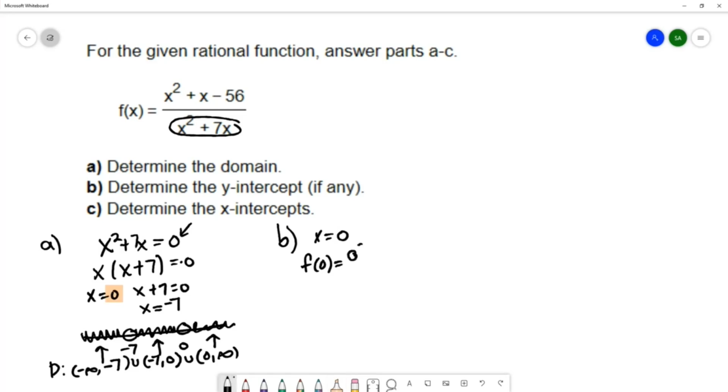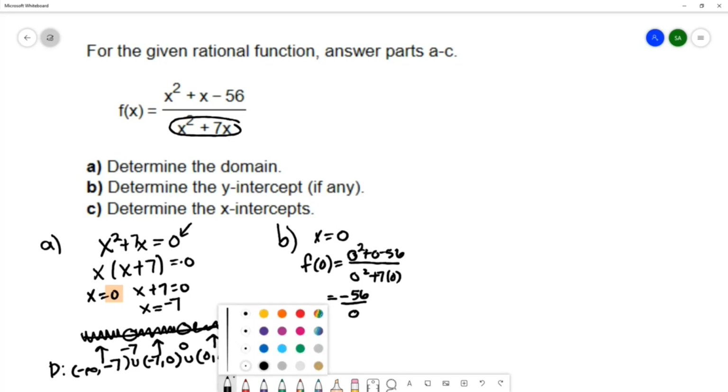We have 0 squared plus 0 minus 56 over 0 squared plus 7 times 0. This gives -56 over 0. We said division by 0 is undefined, and that means that we don't have a y-intercept for this rational function.